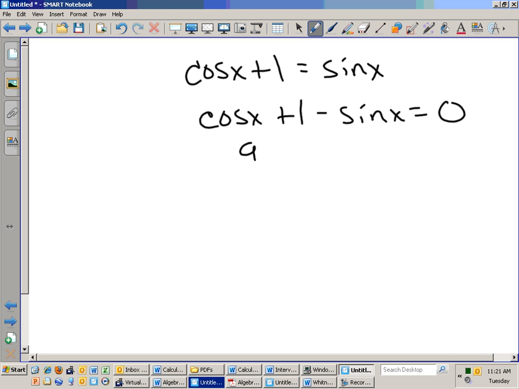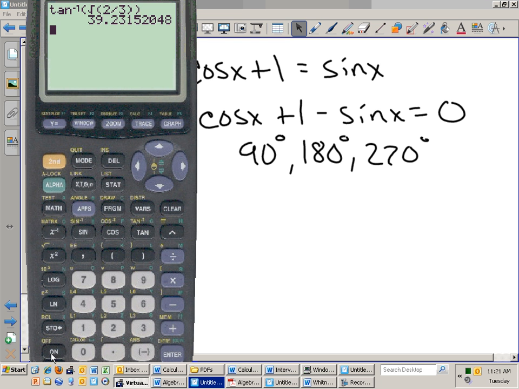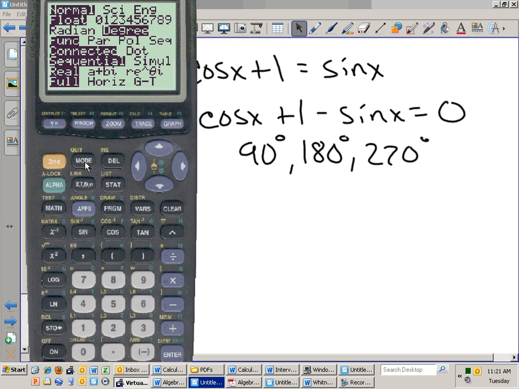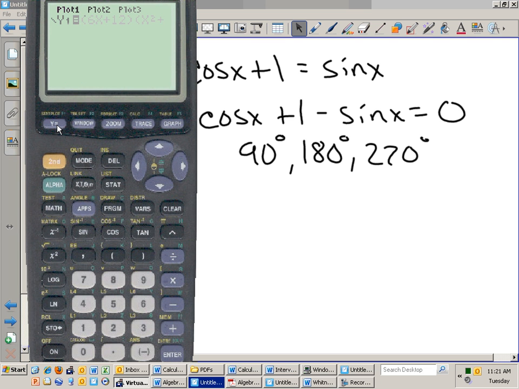We came up with 90, 180, and 270. And let's check to see if they work. On my calculator, I'm working in degrees. That's what I'm typing in. When I go to y equals, I type in cosine of x plus 1 minus sine of x. And I go second table.